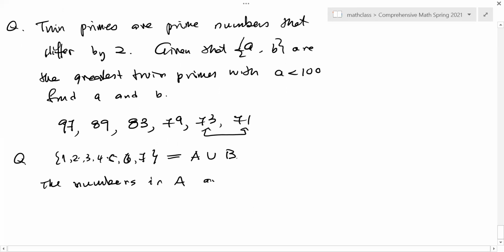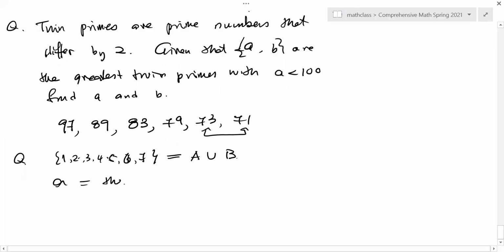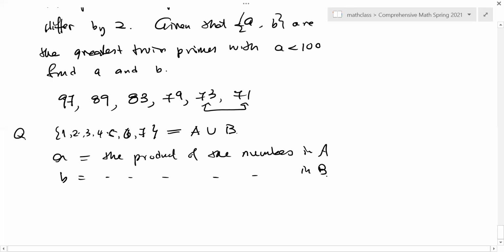The numbers in A are multiplied to get, well, what I'm going to say is, A is going to be the product of the numbers in A. Okay, B is going to be the product of the numbers in B. Then the larger of the two numbers is written down.